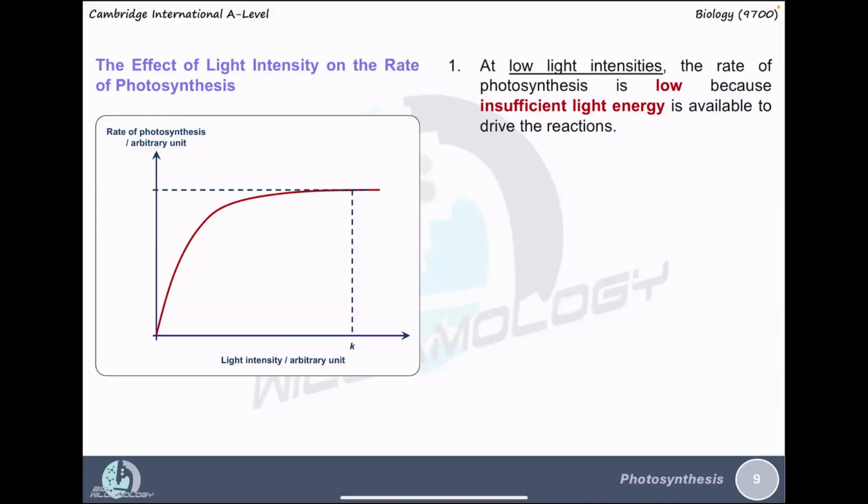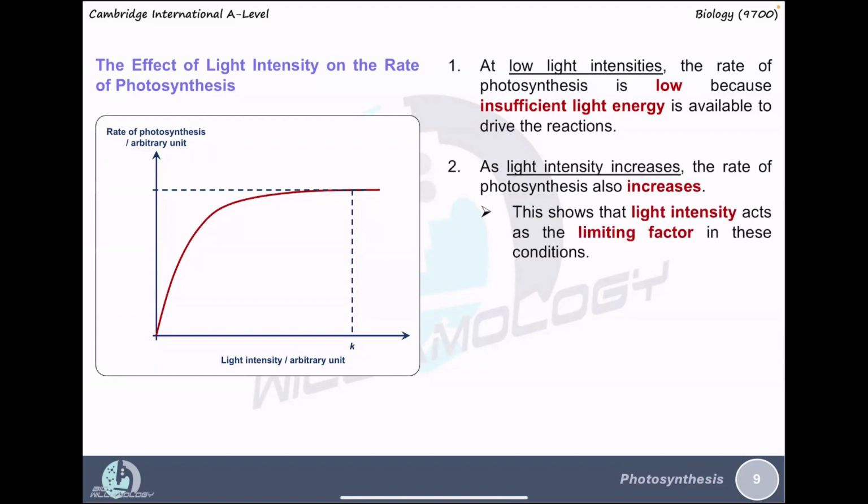So at low light intensity, the rate of photosynthesis is low because insufficient light energy is available to drive the reaction. As light intensity increases, the rate of photosynthesis also increases. And this shows that light intensity acts as a limiting factor in these conditions.